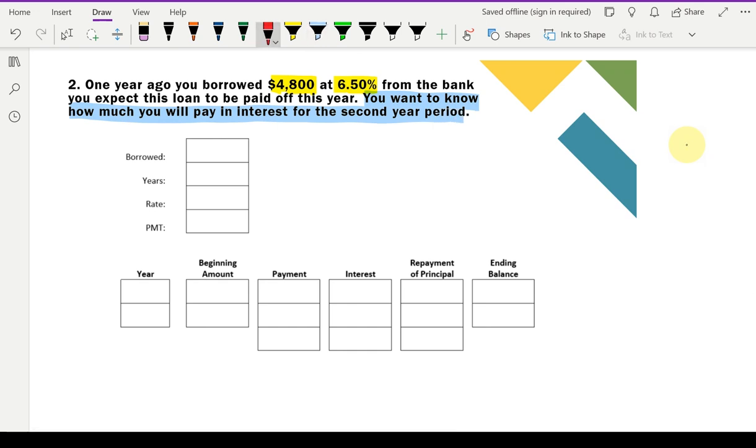So how much should we borrow? We borrowed 4,800 for how many years? For 2 years, right? 1 year ago, that's last year, and it says it'll be paid off this year. So that means it's 2 years, at the rate of 6.5%. Now let's solve for the payment.